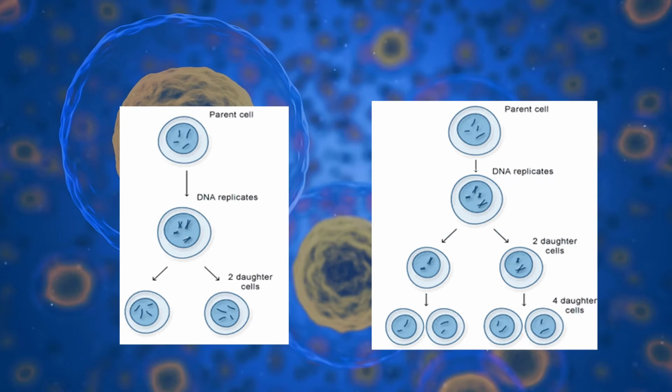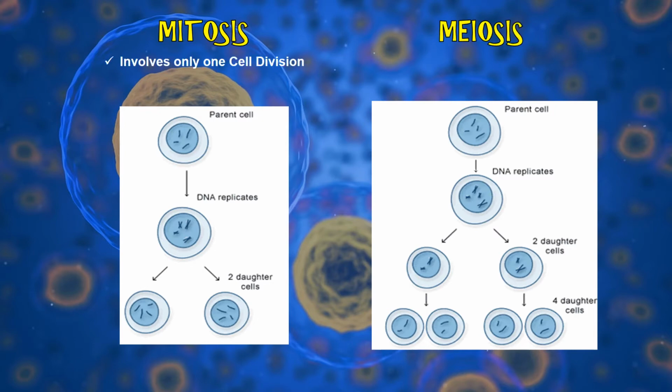The first on the list is that mitosis has only one cell division, while meiosis involves two successive cell divisions. That simply means mitosis is a single-step division while meiosis is a two-step division.